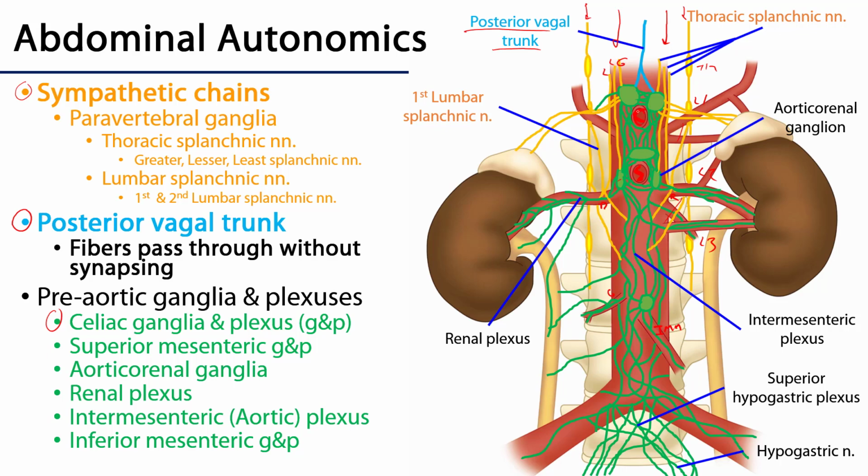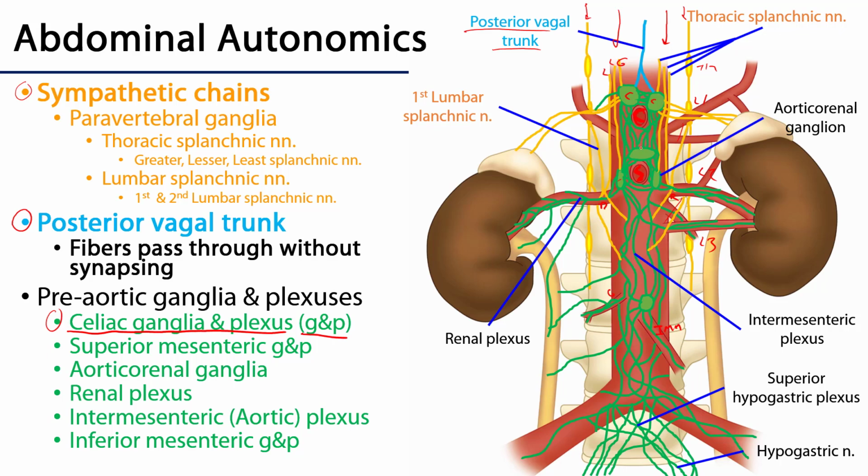And so let's see what we have in the way of ganglia here. So flanking the celiac trunk, we have celiac ganglia, and the fibers which connect them and surround that trunk are the celiac ganglia and plexus. I'll just put G and P there.